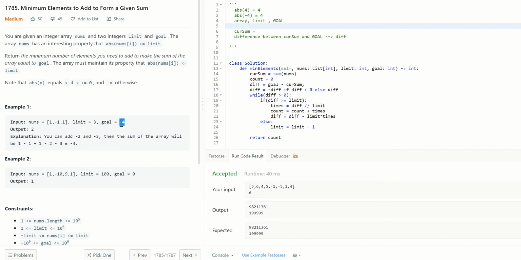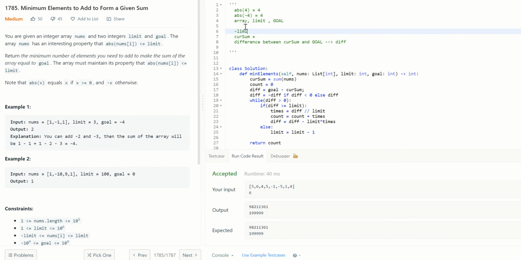But there is a condition that we need to satisfy. We have to keep maintaining the property that absolute of nums of i is less than or equal to limit. That means we need to add numbers whose absolute value is within the limit. So when we say absolute value, that means minus limit to plus limit.